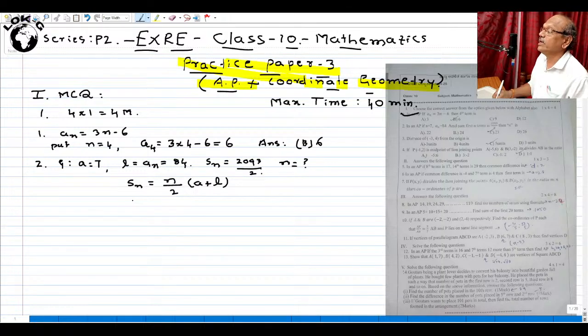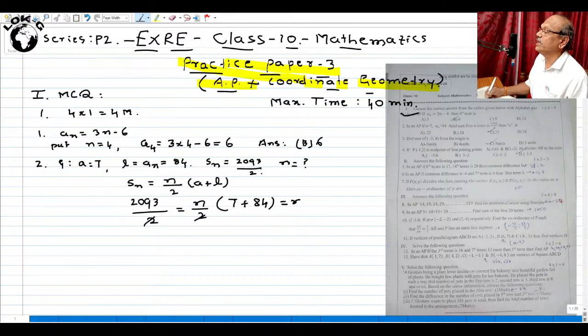Substituting, you get 2093 divided by 2 is equal to n by 2 into bracket 7 plus 84. You can cancel 2 and 2. You are interested in n, so n into bracket 84 plus 7 is 91. To solve for n, you take 91 to the left. You get 2093 divided by 91.